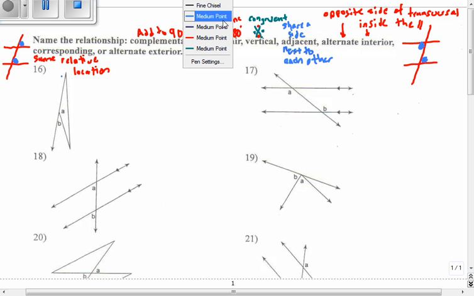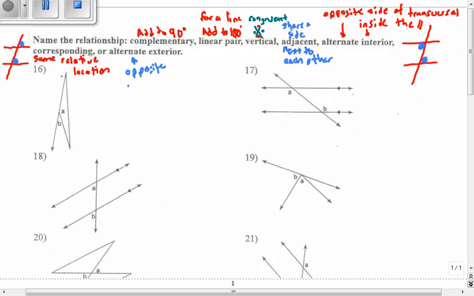Okay, and then lastly, on here we have alternate exterior. So again, opposite sides of the transversal, outside the parallel lines.